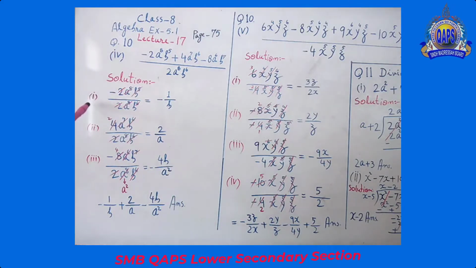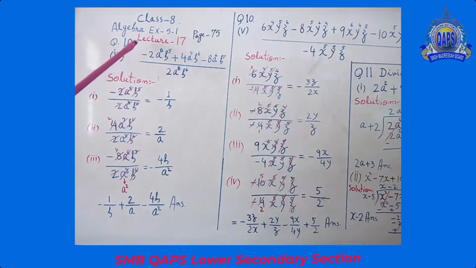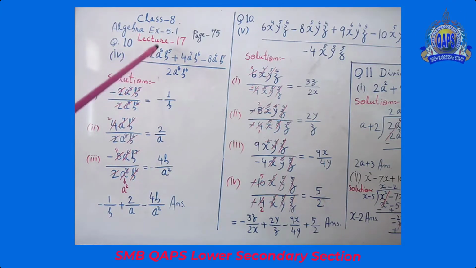Solution, step number 1. First of all, minus 2a^8b^5 upon 2a^8b^6. You see, I have written that. Have a look.